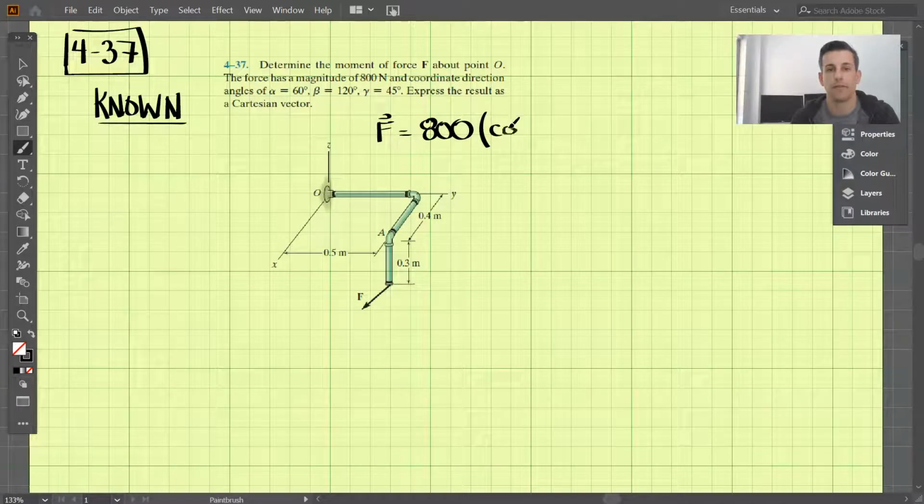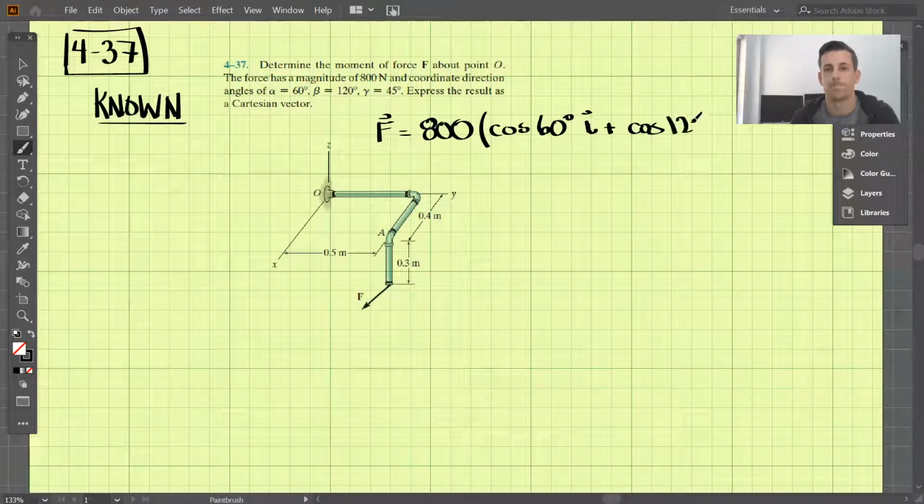We have cosine 60 degrees, and this is the I direction. For beta we have cosine of 120 degrees, and that's in the J direction. And lastly we have the Z direction, so we have cosine 45 for gamma in the K.